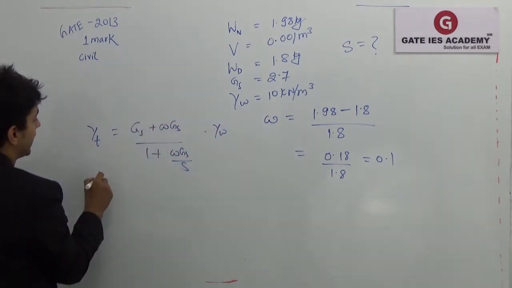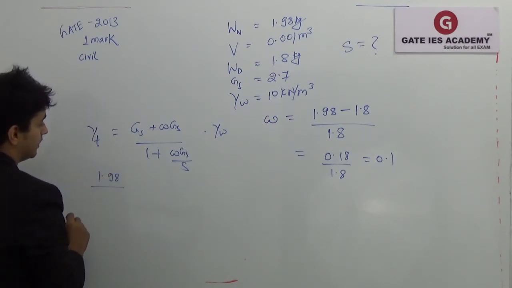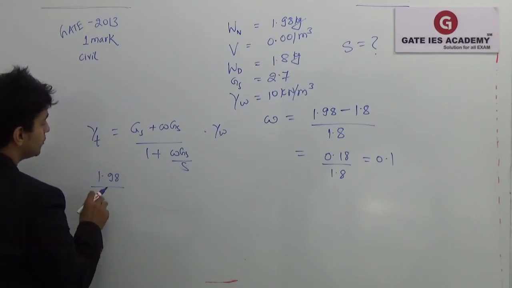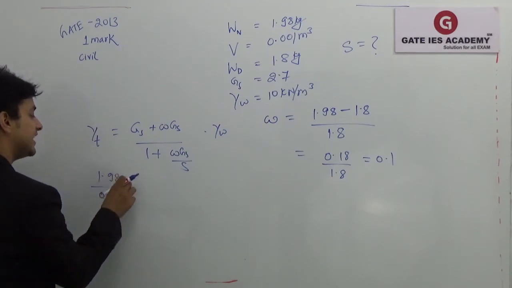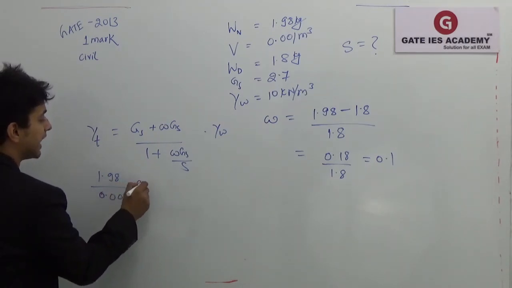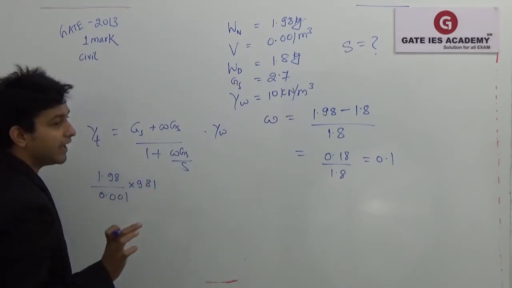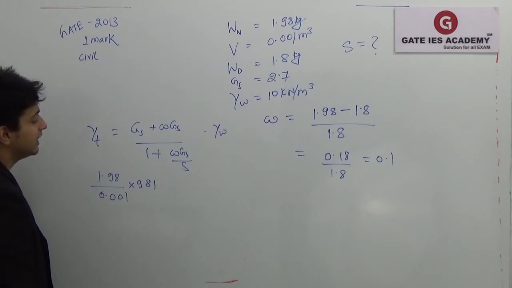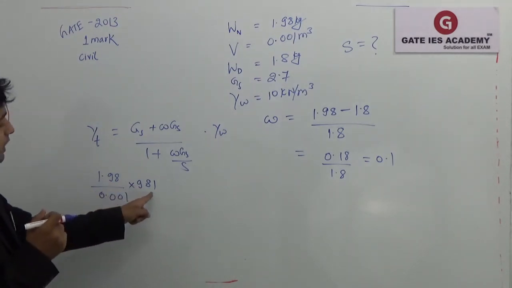Net weight is 1.98 kg upon the total volume, 0.001 meter cube. This is kg per meter cube. I have to multiply it with 9.81 to convert it into kilonewton per meter cube.